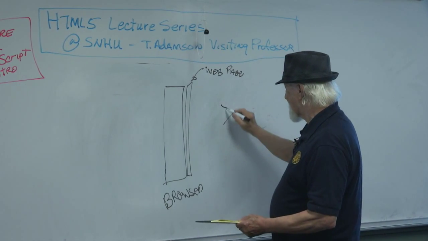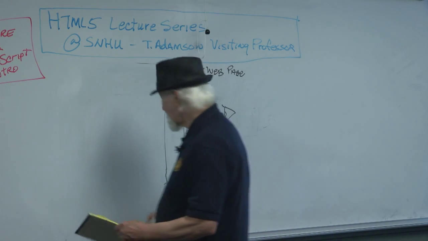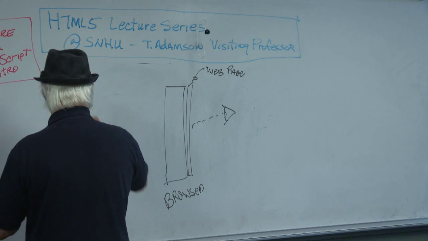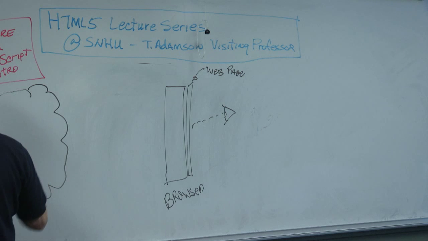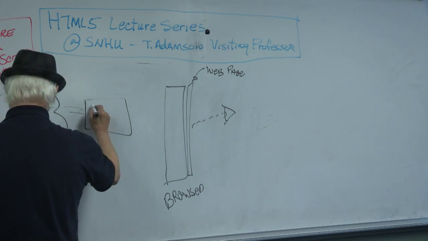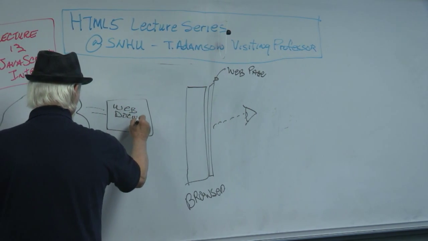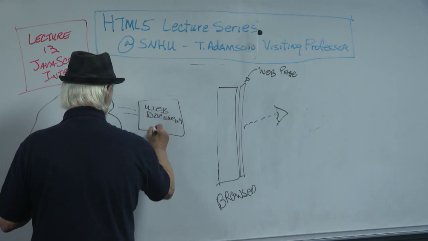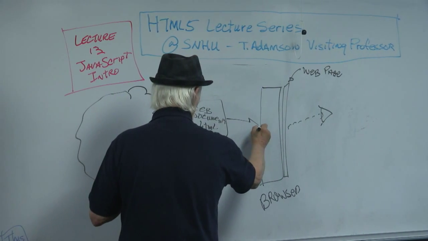And here's the client looking at it. Okay. And what's coming in now are actually 3 documents, and here's the cloud. Where now we get our web document, which is .html. That goes to the browser.